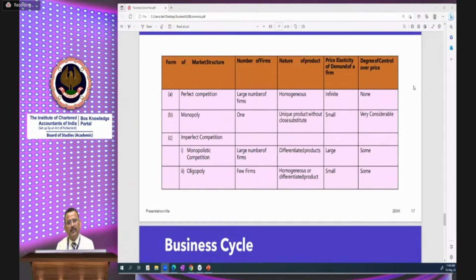As the number of firms is high, you won't have any control on the price. So these are the important characteristics of perfect competition: large number of firms, homogeneous product, infinite elasticity, and no control over prices.